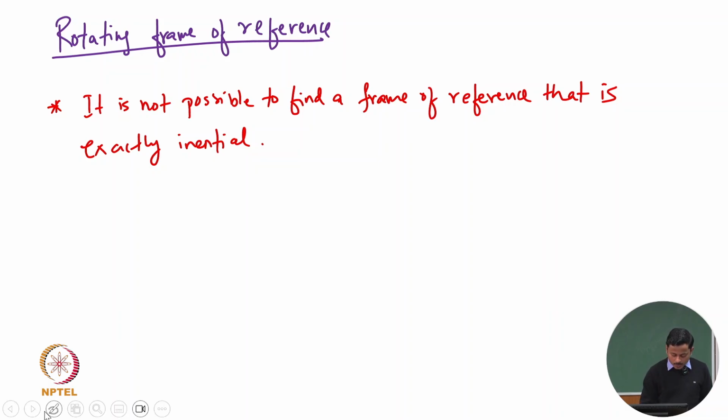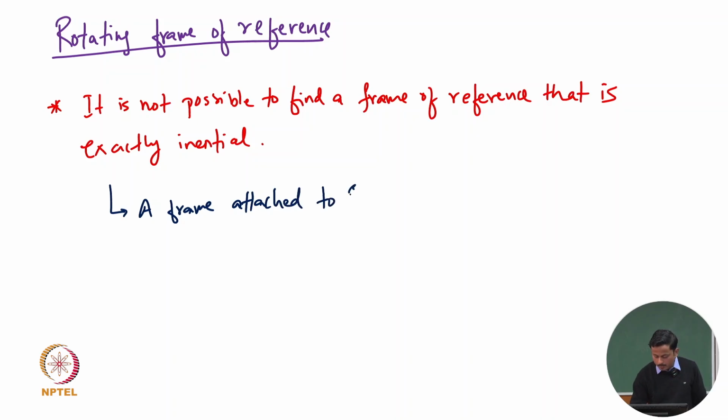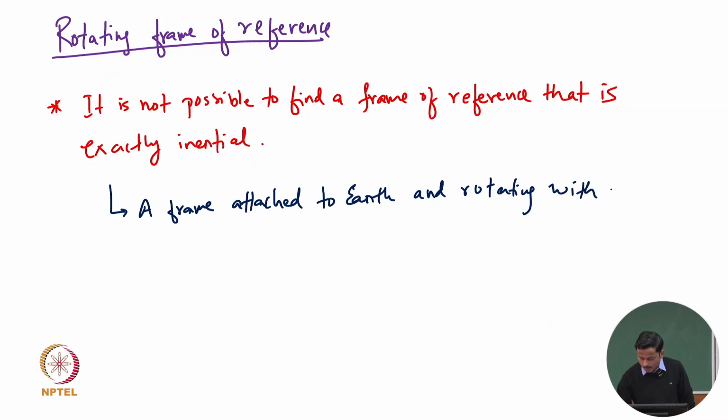So a frame attached to the Earth's surface, so a frame attached to Earth and rotating with it at a constant angular velocity, assuming that the Earth's rotation is constant.